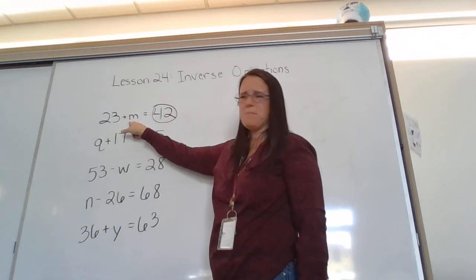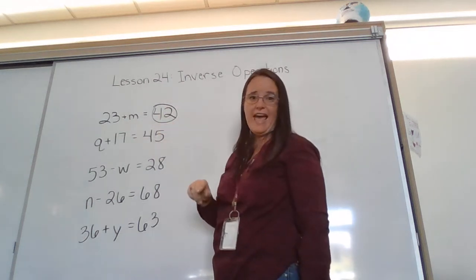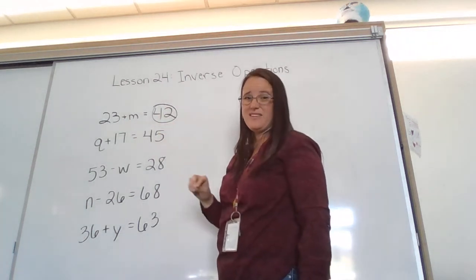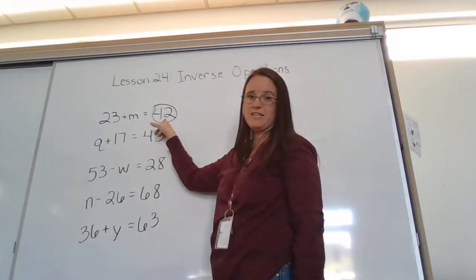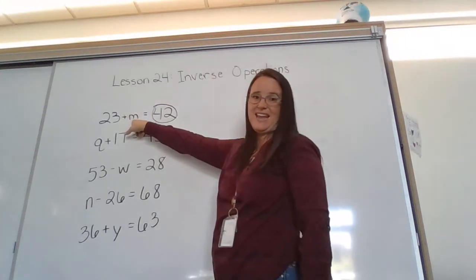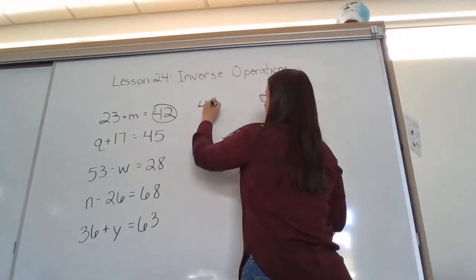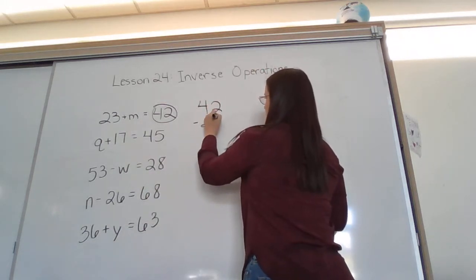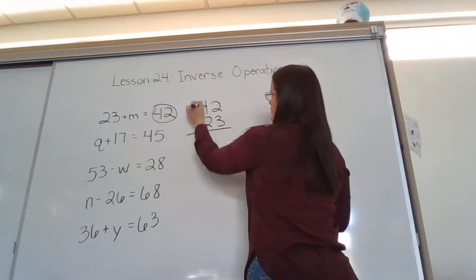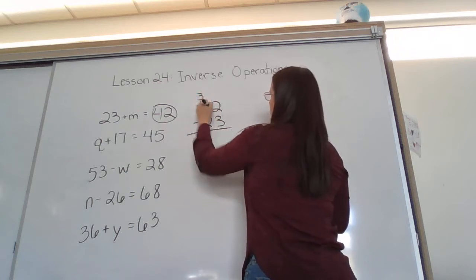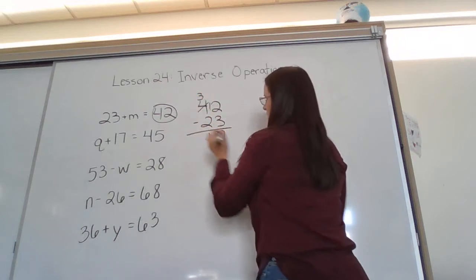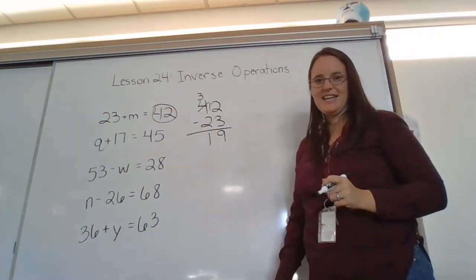No, I'm going to end up with a bigger number than 42 if I add something. So that right there's a little trick. That's my biggest number. I can't add, I have to subtract. So 42 minus 23, can't do 2 minus 3, have to regroup, and we get 19 as our answer.